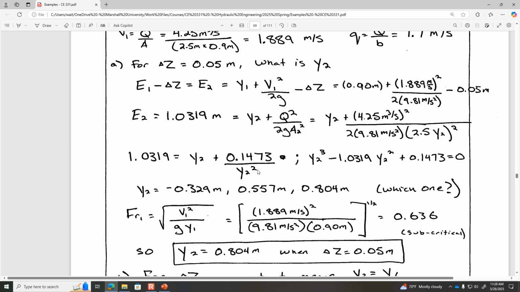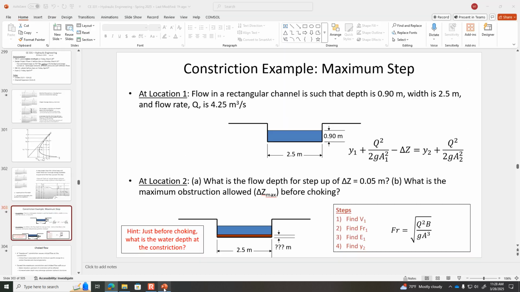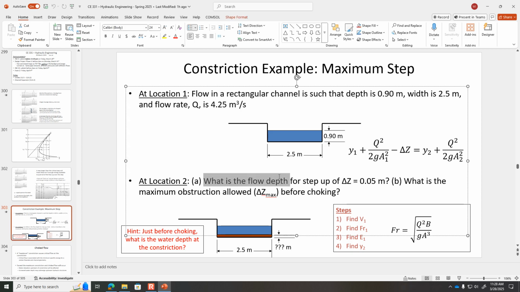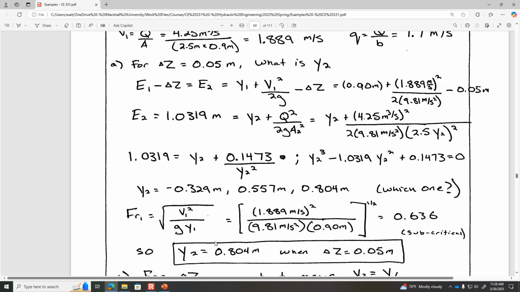Did you get those? The one that we select is the positive root because that's the one associated with subcritical conditions. So if the question was, what flow depth will occur when there's a step up of 0.05 meters? The new flow depth would be 0.804.